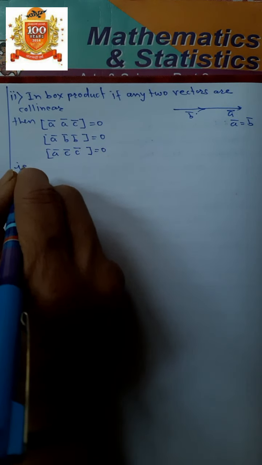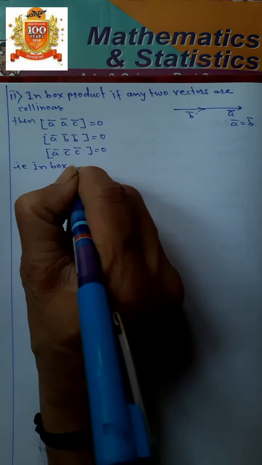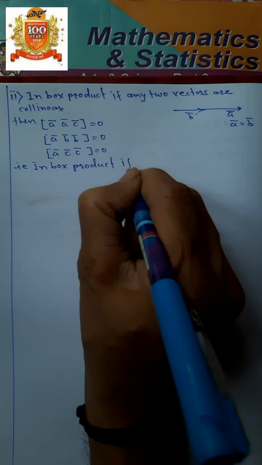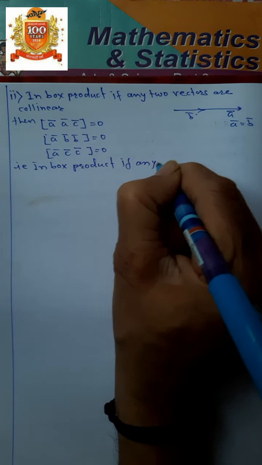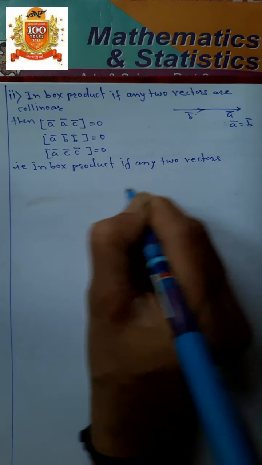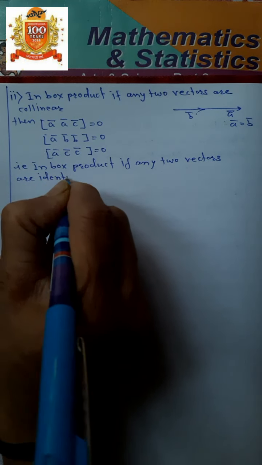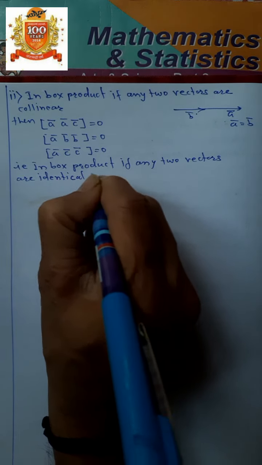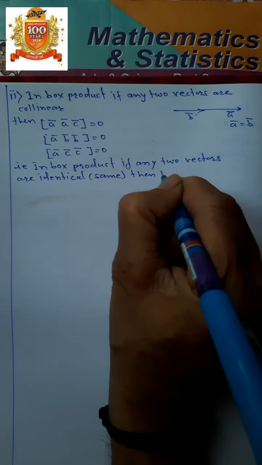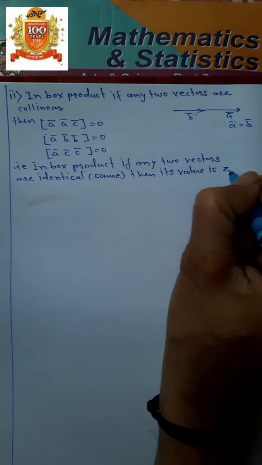That is, in box product if any two vectors are identical or same, then its value is 0.